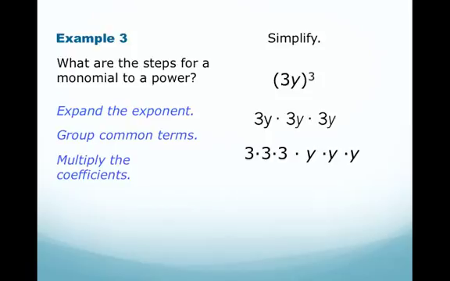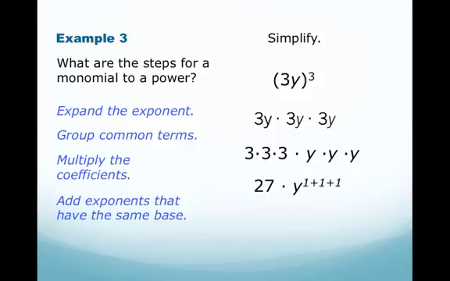If we multiply the coefficients, we get 3 times 3, which is 9, 9 times 3, which is 27. So I get 27 times y to the 1 plus 1 plus 1. And our answer, after we add the exponents, is 27y to the third.